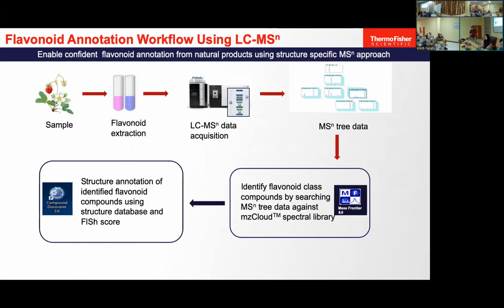Once the data is collected, we always recommend technical replicates. You also have a blank, which also goes through the extraction. The blank is basically just a solvent. You compare it with your sample extract, and then we can pass it through the software to detect. Next.